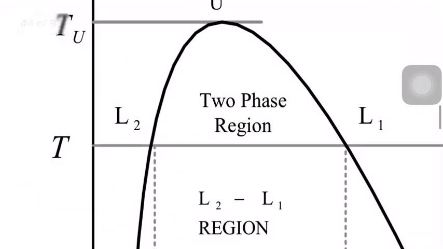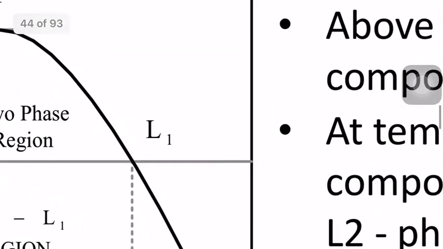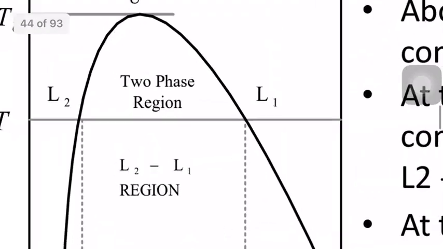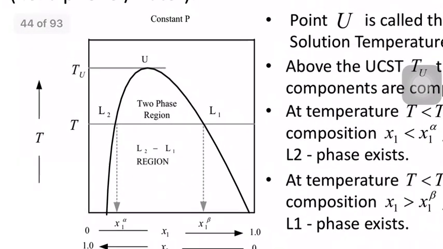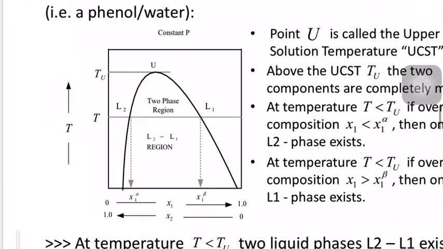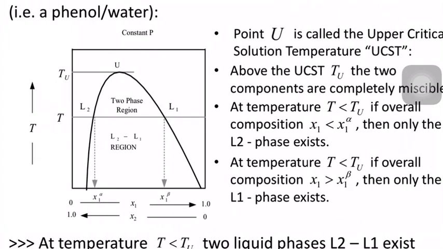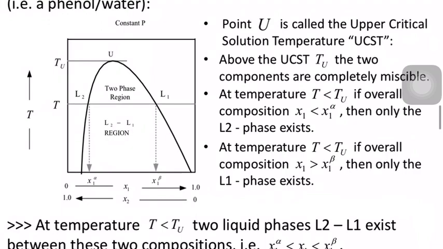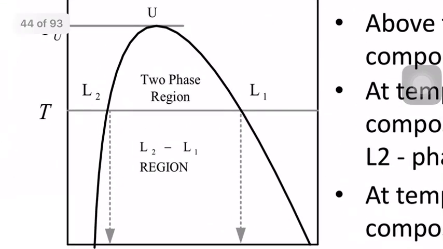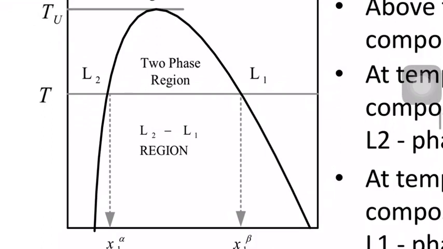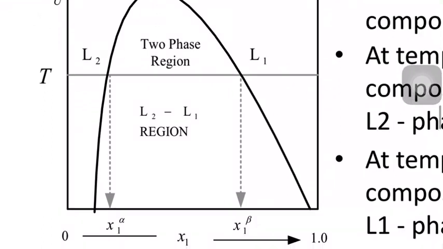We call it L1, where we have a large amount of component 1. Here we have the L1 region, here the L2 region, and here the two-phase region, L1 and L2.